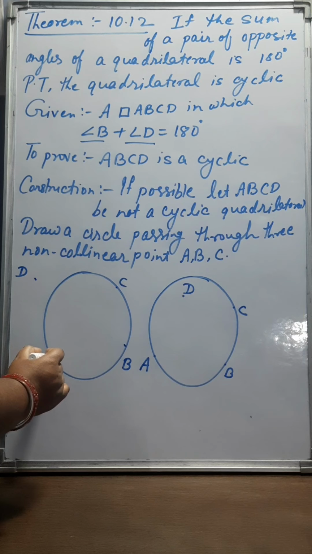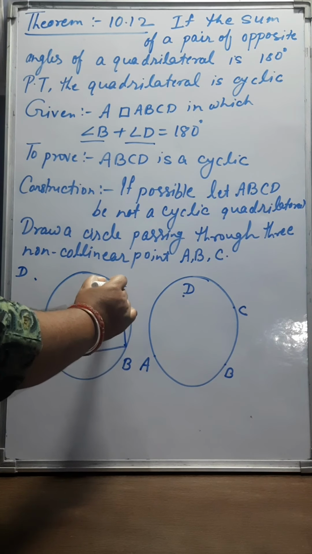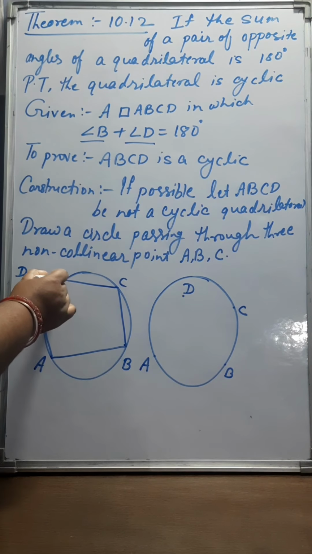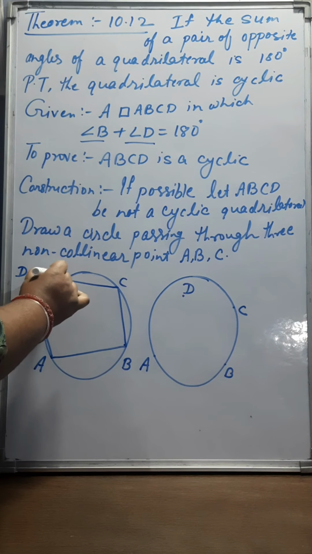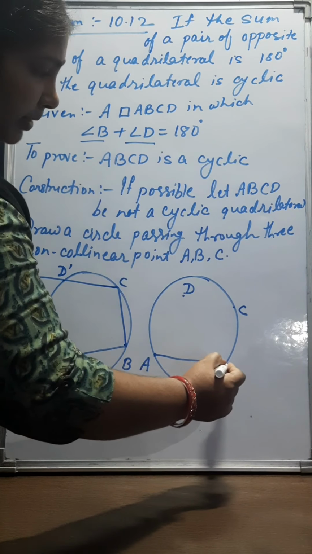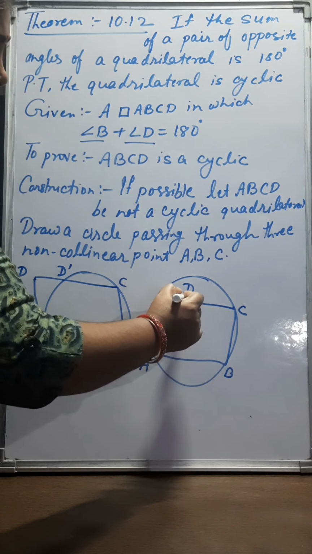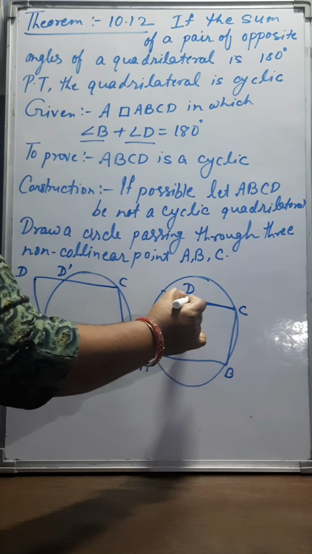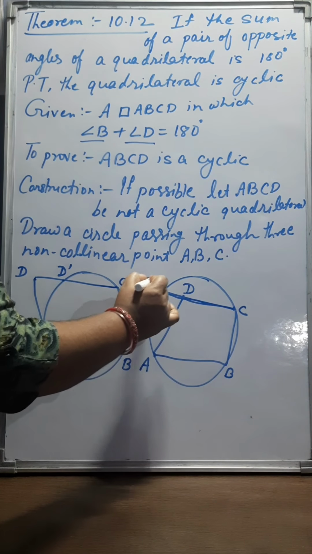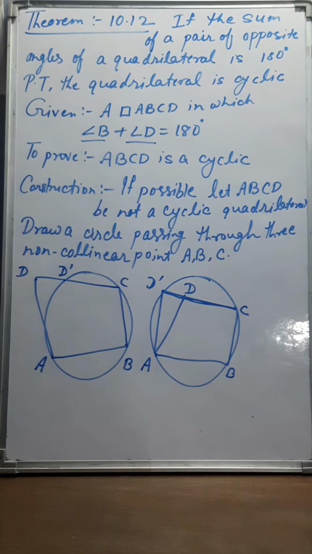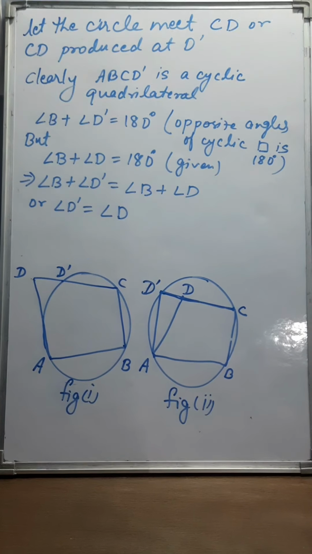If we join AB, BC, CD and then DA, let us suppose the point at which CD intersects the circle is D dash. Similarly here also, when we join AB, BC, CD and AD and produce CD, let us suppose CD intersects the circle at point D dash such that ABCD dash is a cyclic quadrilateral.